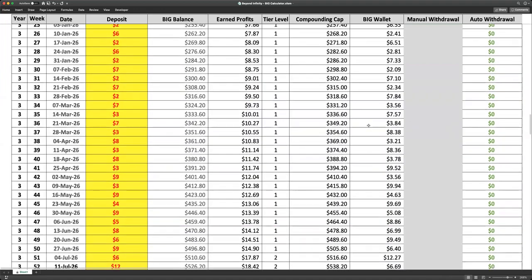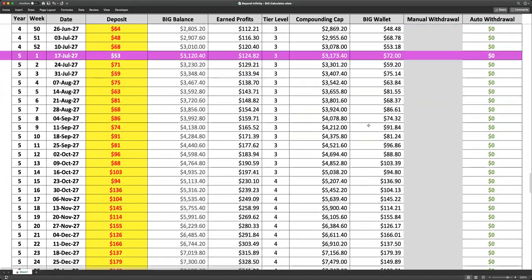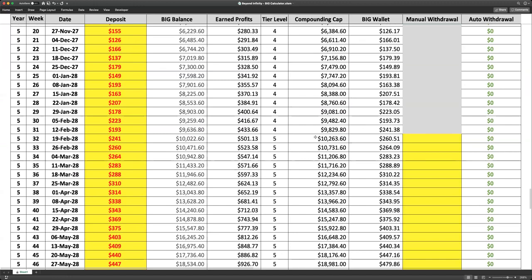I understand that sometimes people do need the money, and it's okay. It's your money. It's okay for you to withdraw it when you need it. But I just have to give this caveat: if every time you earn 20, you withdraw 20 and you never let anything build up, it's going to take you a long time to get here.